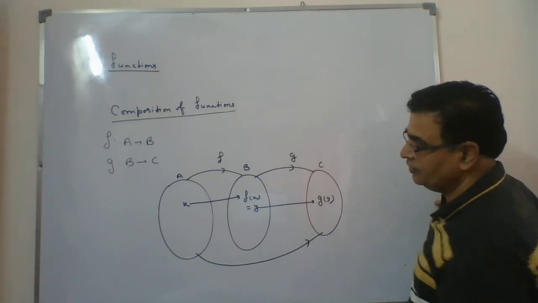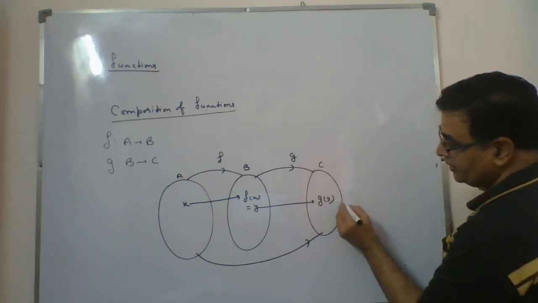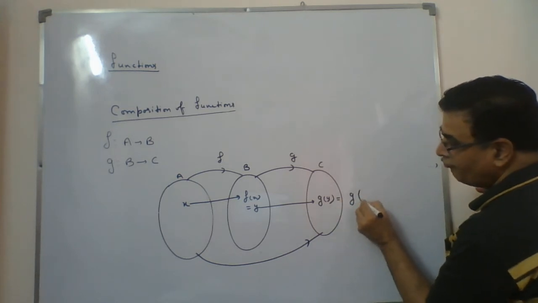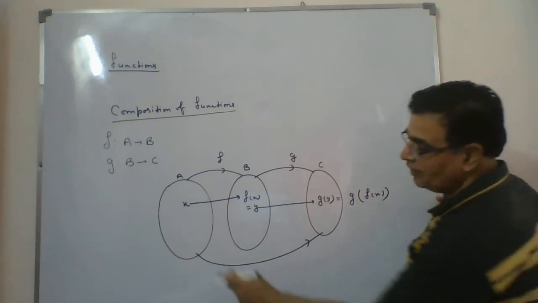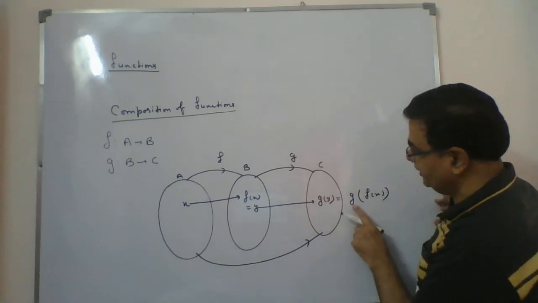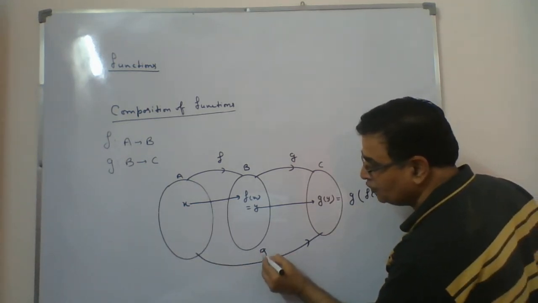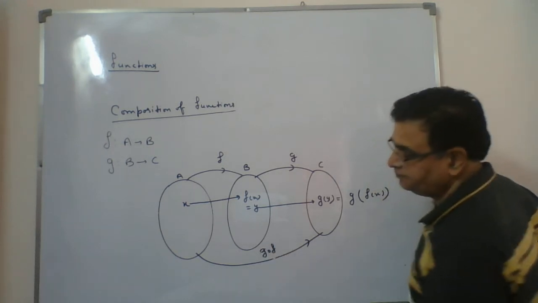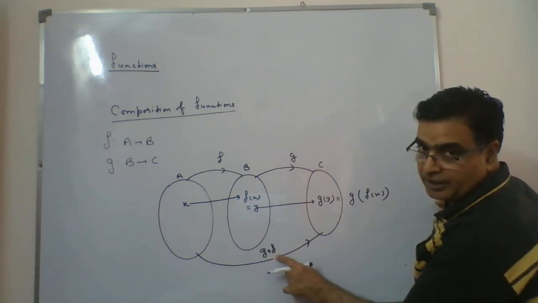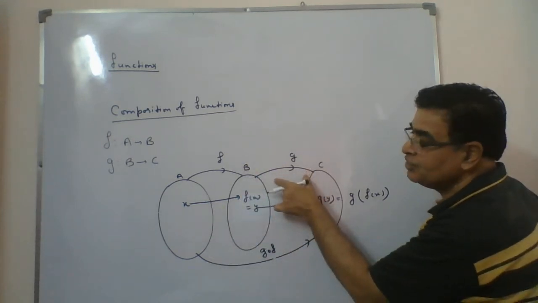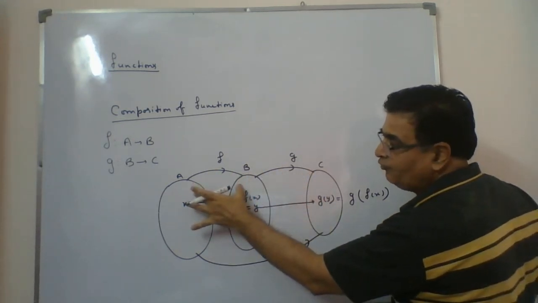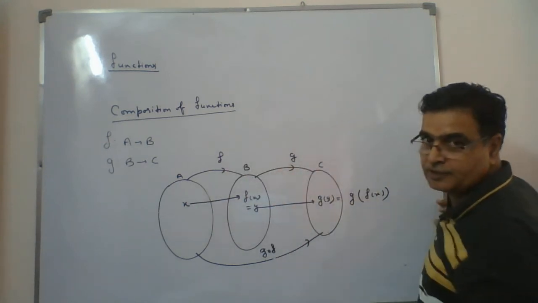And this function we call, now just check one more thing here, g(y) can be written as g(f(x)). So this function which will go from here to here is called g composition f. g composition f means the first function is f, and on that we have imposed g. This is function f, on that we have imposed another function g.